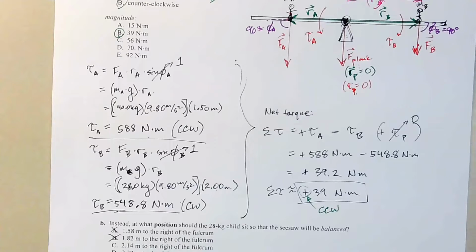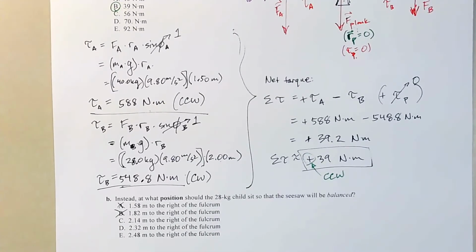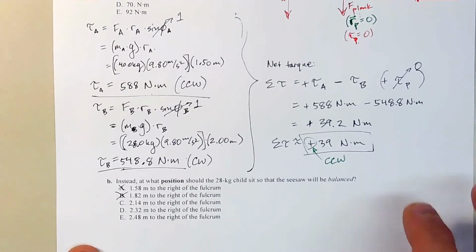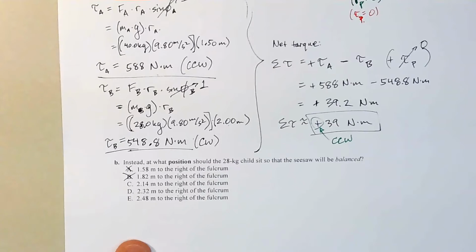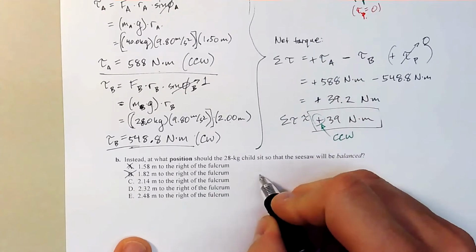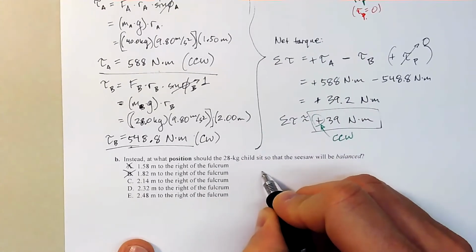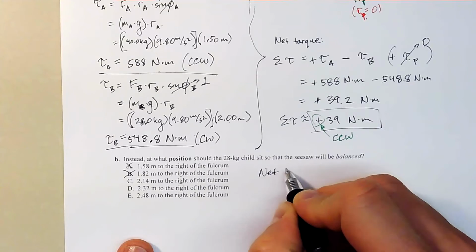So I'm going to basically solve the same problem backward. Suppose we know that the net torque needs to be 0 to balance the system.